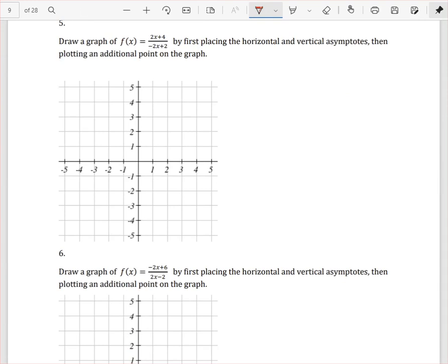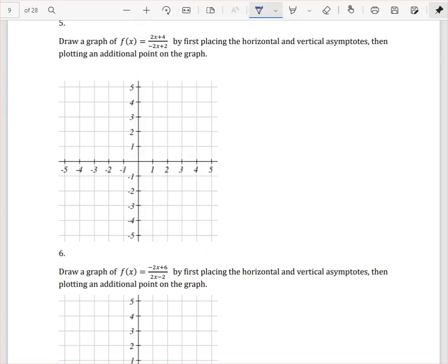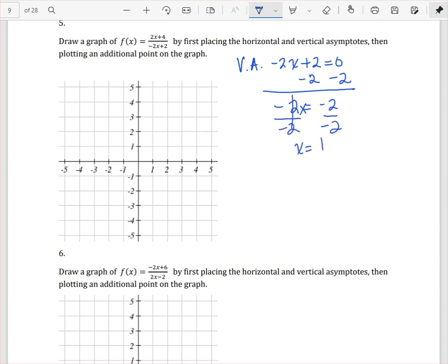So let's start with the vertical asymptotes for these. It's the bottom of the fraction, and you set it equal to 0, and you solve for it. So x equals 1.